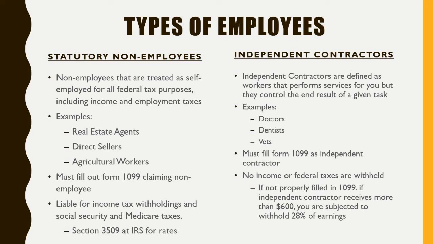Now, some independent contractors, depending on the facility, can choose to supply their own means. For example, if it's a doctor, they can have their own stethoscope. They don't need to use whatever the company provides, and so on and so forth.